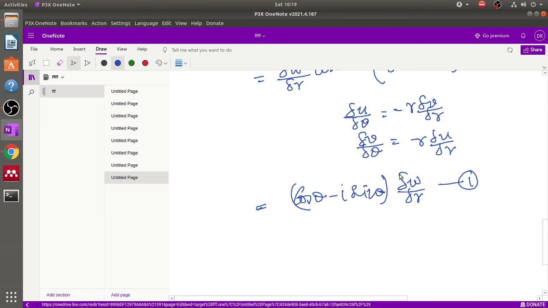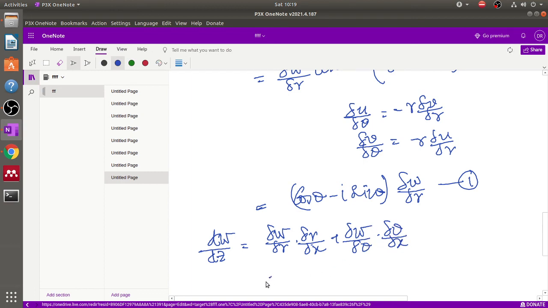And the second form of d omega by dz, in terms of theta: we express again in this form, del omega by del r into del r by del x plus del omega by del theta into del theta by del x. Here omega is u plus iv, del r by del x is cos theta, and del theta by del x is sin theta by r.